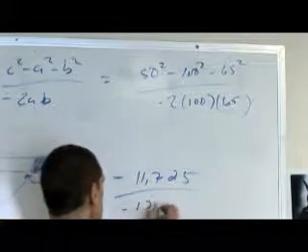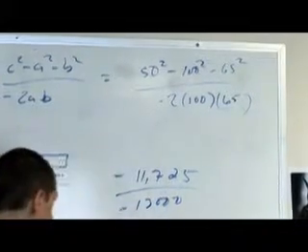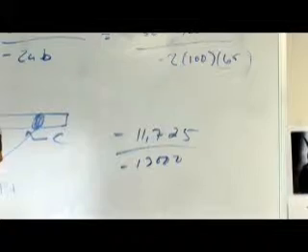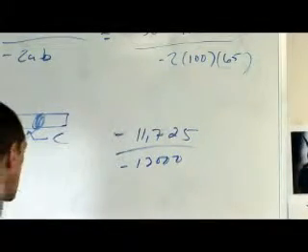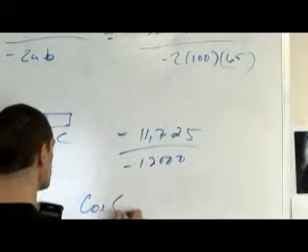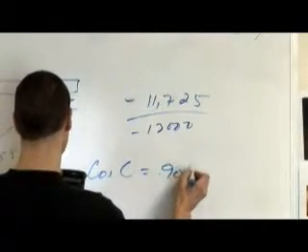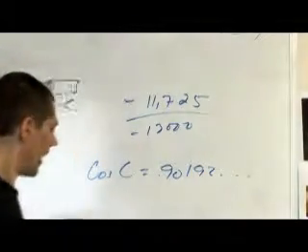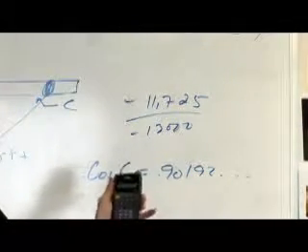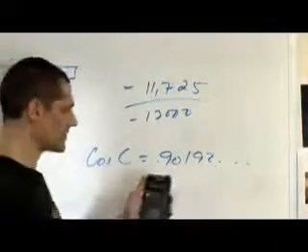So this is minus 13,000. Let me do the division here. 11,725, the minus sign, flip it over so it works. So I have this, cosine of C is equal to 0.90192, blah, blah, blah. I don't have to truncate it, which means cut it off, because I'm just going to use the calculator.